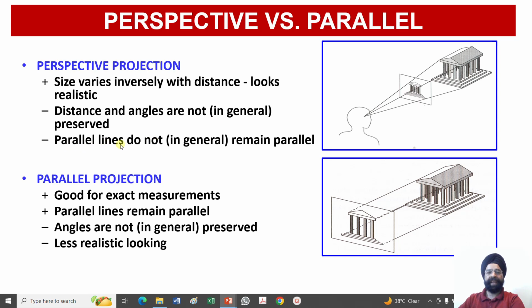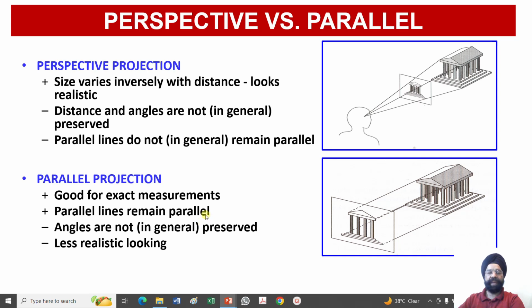Parallel lines do not remain parallel because of this convergence. These projection lines should have been parallel, but they no longer remain parallel because of the convergence limitation of the human eye. Whereas parallel projections are good for exact measurements.